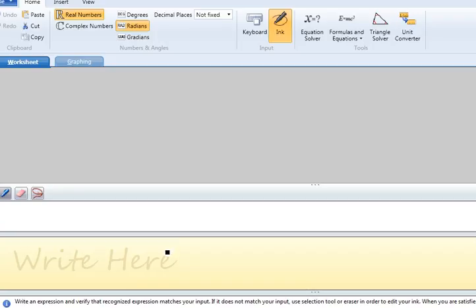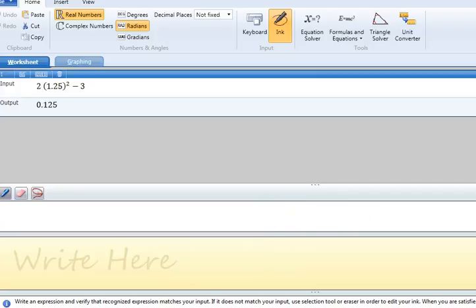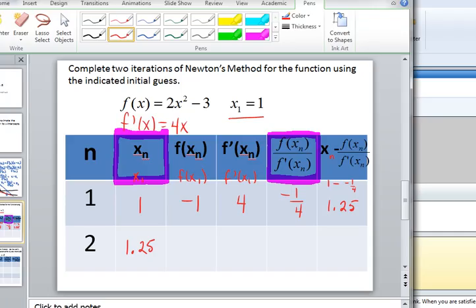So I'll take my function value 2 times 1.25 squared, and then I subtract 3. This gives me the answer of 0.125, and I will put that on my chart now.